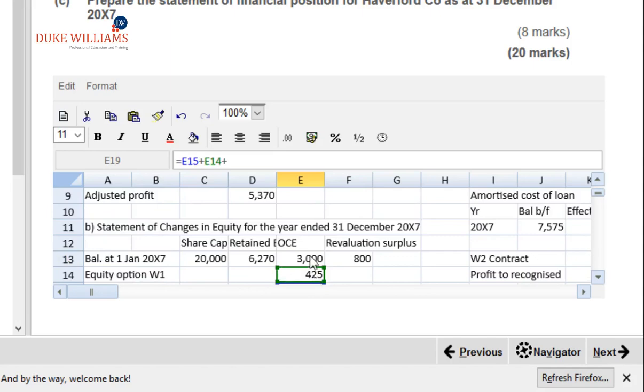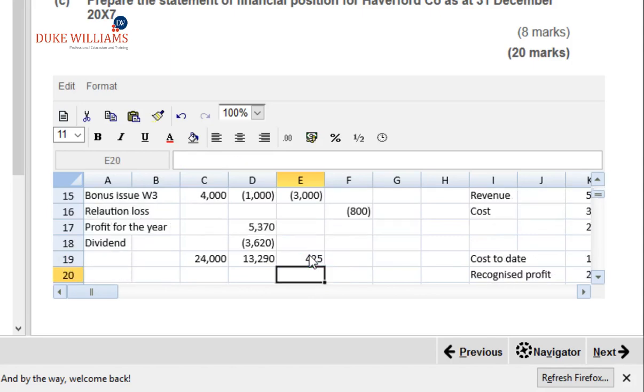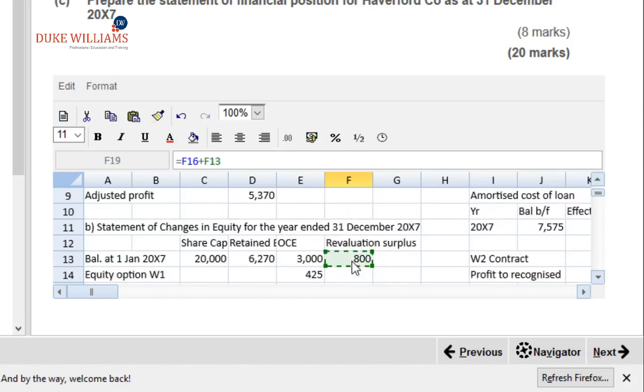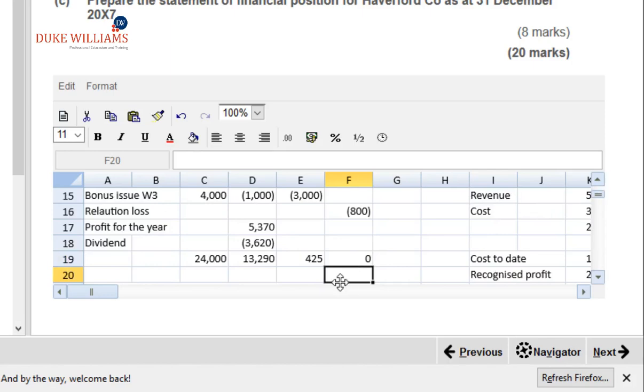We could as well decide to create extra column for the equity option, but we could aggregate it under our other components of equity. And our surplus would be a negative now. It will be 0. Yeah, actually it should be 0. So we have this plus the opening balance. So that's it. So it's 0.